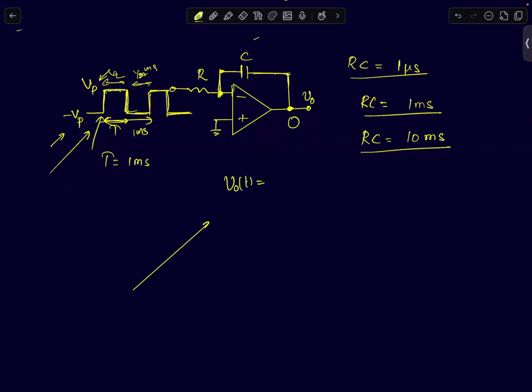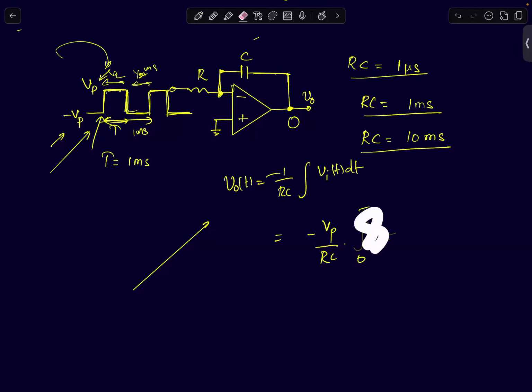Keep this in mind: your output voltage is simply minus 1 by RC times the integral of Vi(t) dt. If I'm applying a positive voltage level first, it will be Vp by RC times the integral from 0 to T by 2 of dt.